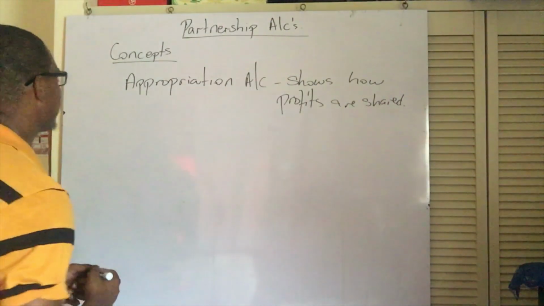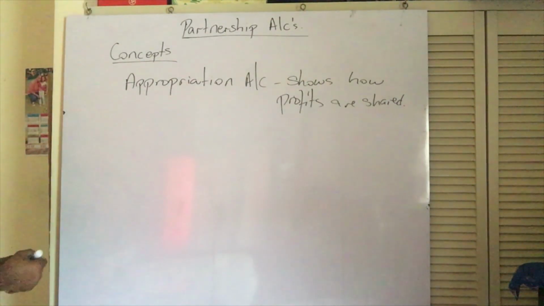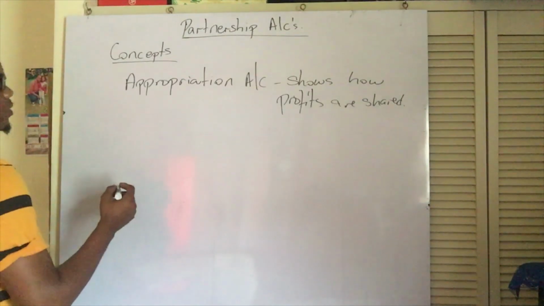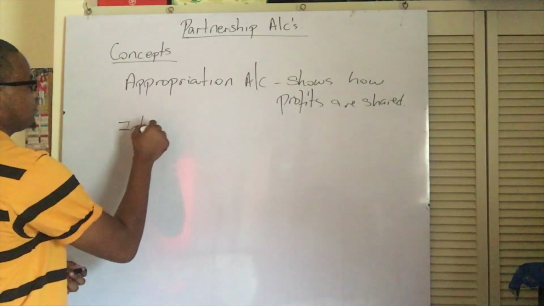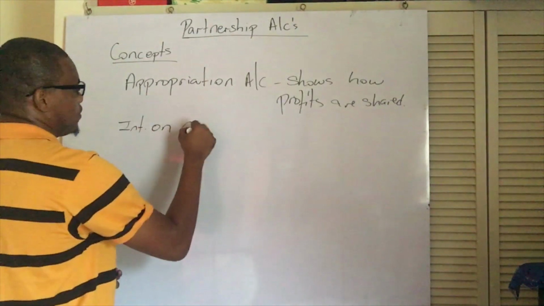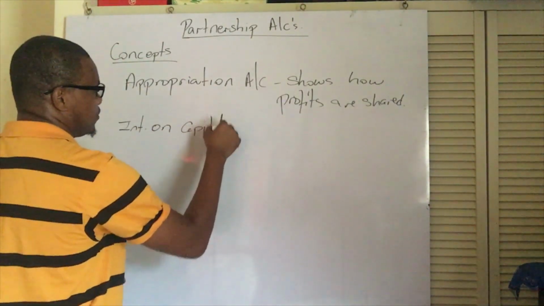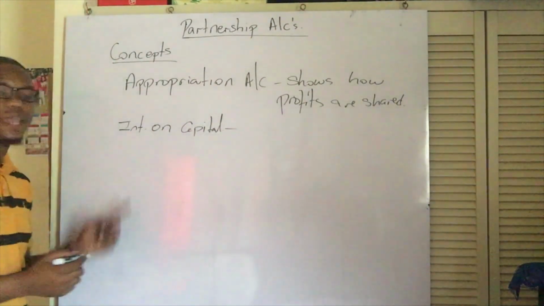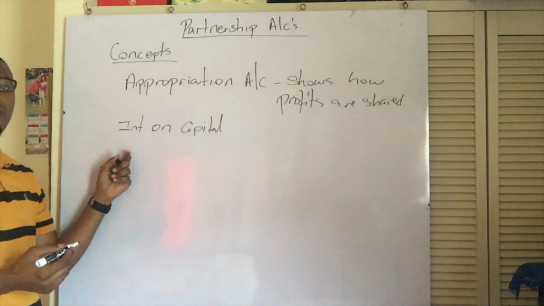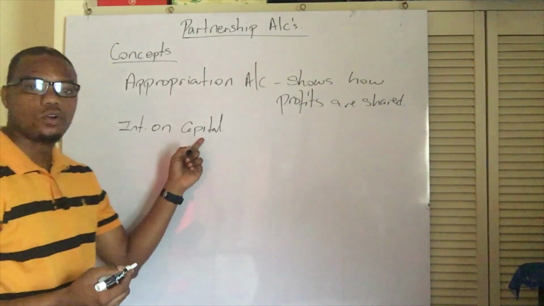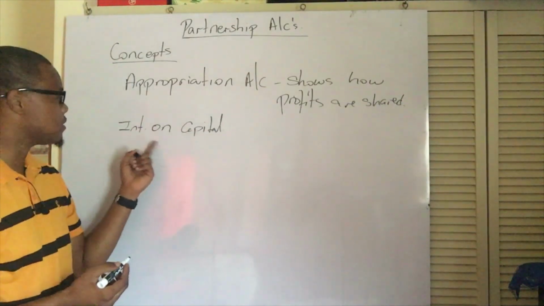Another thing that you need to understand about partnership accounting is this term that they call interest on capital. They say that interest is paid on capital, and the reason is because they are encouraging your owners or your members to invest more money.